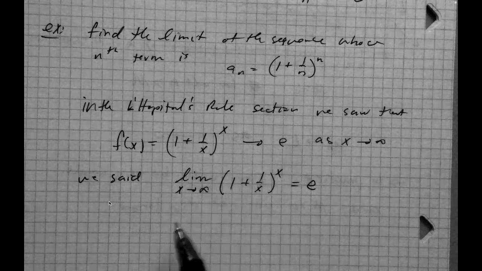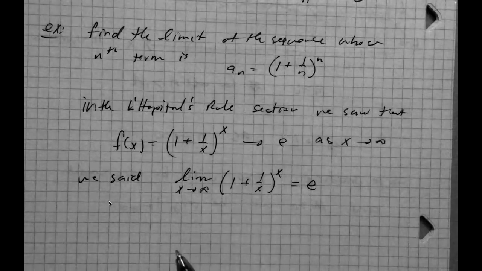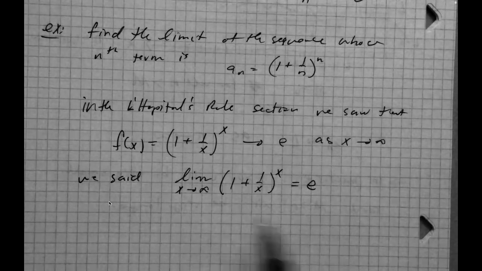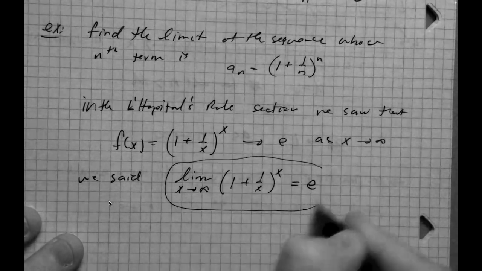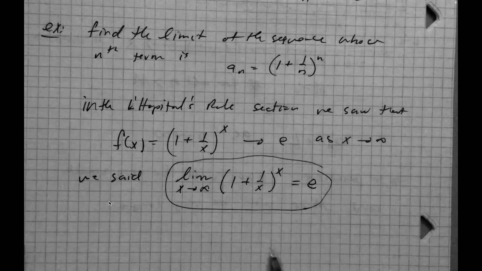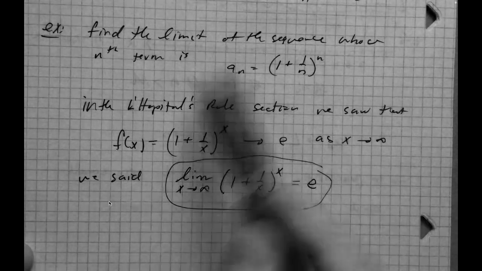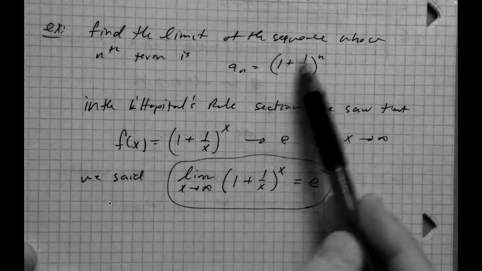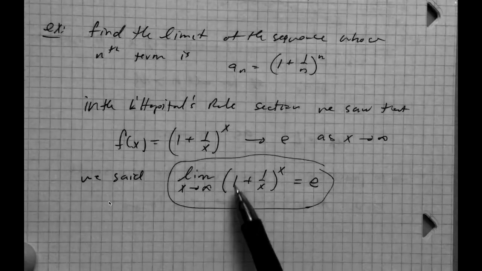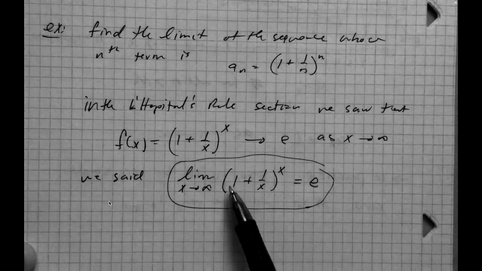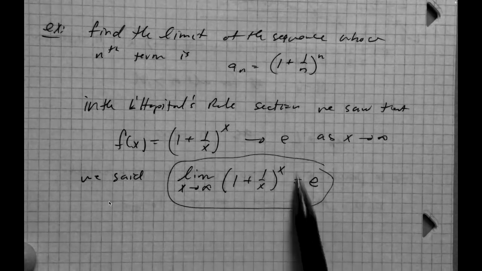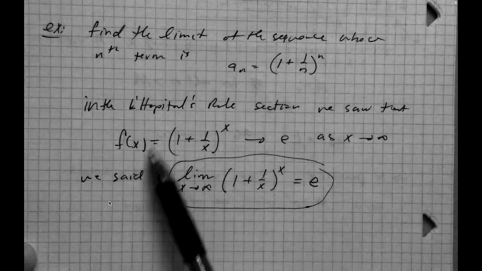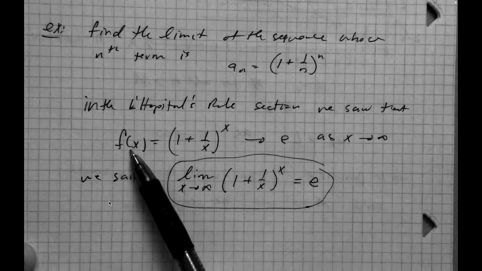We had to invoke L'Hopital's rule a couple times and do some algebraic maneuvers, but we were able to show that this was true. Now, what we need to recognize here is that we can apply the previous theorem. Notice that 1 plus 1 over n to the nth power is going to be the same as 1 plus 1 over x to the x power if I restrict the domain of f to just the natural numbers.